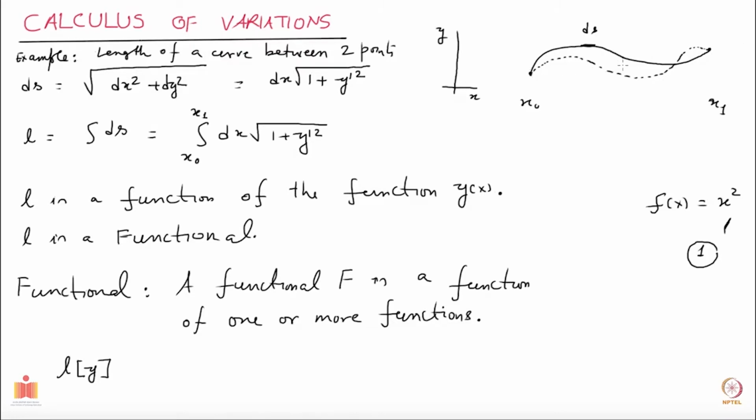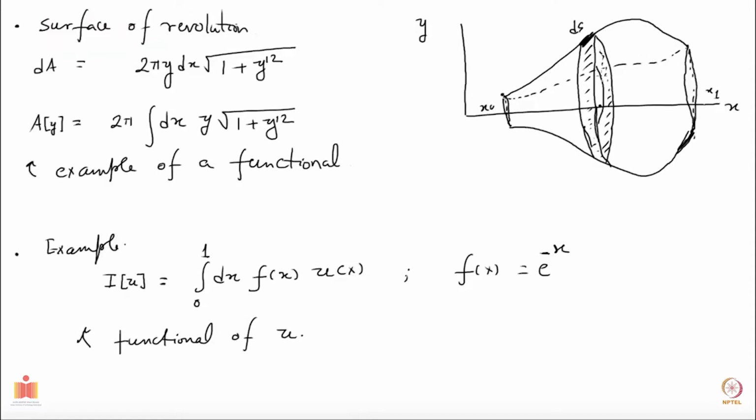That's one question you can ask. And also you can ask what should be the shape of this curve so that you get the minimum area of revolution around the x-axis.